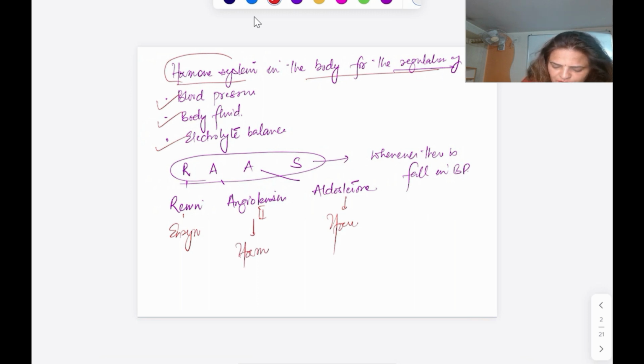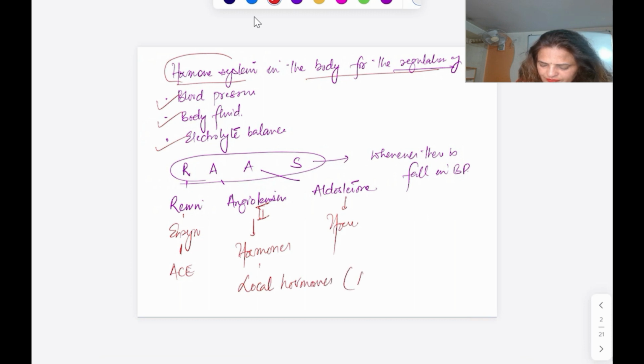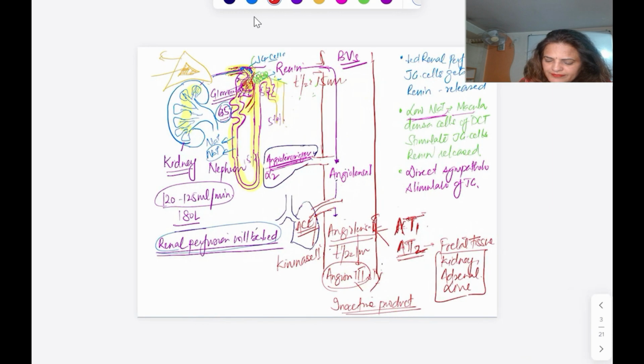Another enzyme which participates in this system is ACE, angiotensin converting enzyme. Now angiotensin 2 is a local hormone, or you can say it is an autocoid. So what are autocoids? Those which are released by the tissue and act at their site of release.